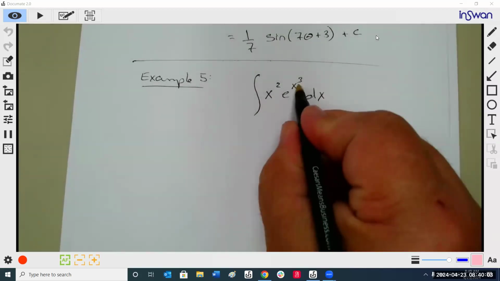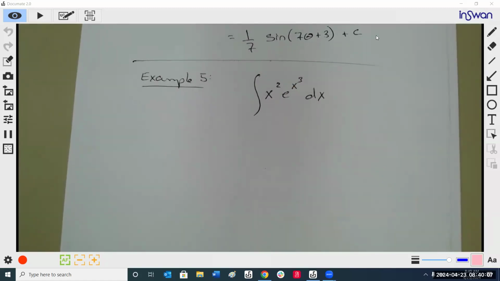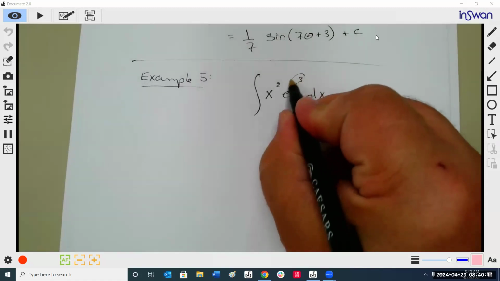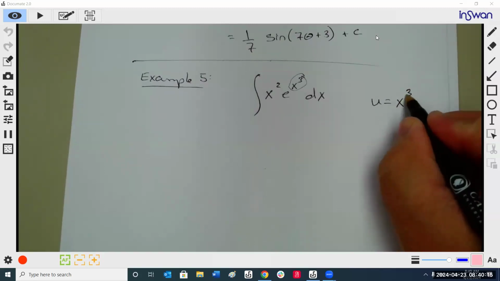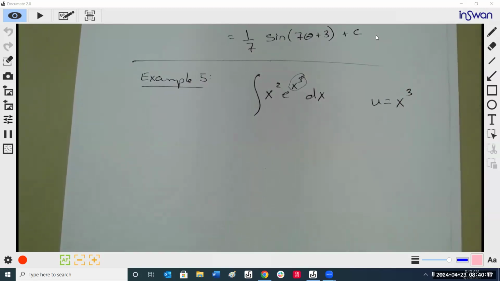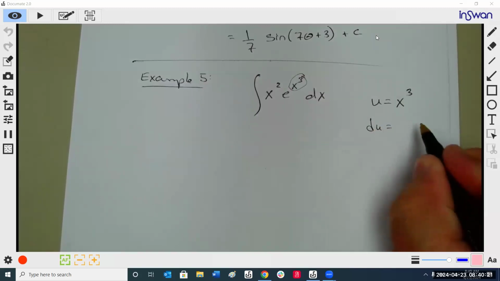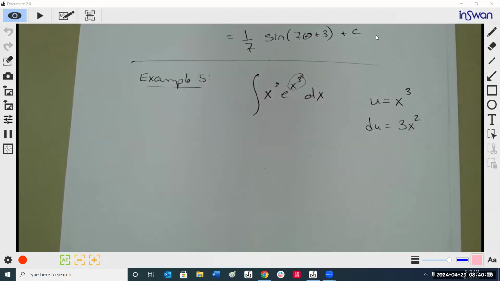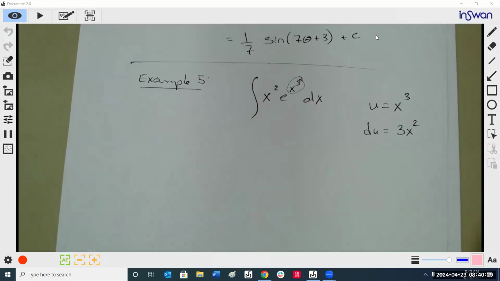So which one of these two x's is going to be our du? It's going to be the higher one. Why would it be the higher exponent? Well, when you take the derivative of it, what happens? You subtract 1. So the du is always smaller than the u.